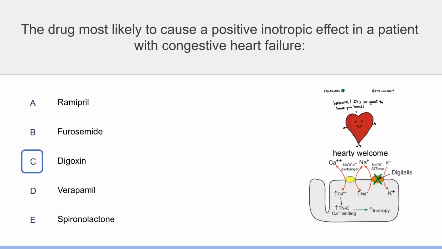So yeah, well done, guys. So digoxin is the only one here with effects on the force of contraction of the heart, and it does that by inhibiting the sodium-potassium pump and increasing sodium and calcium as a result.